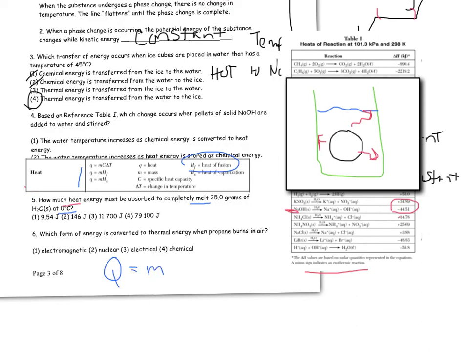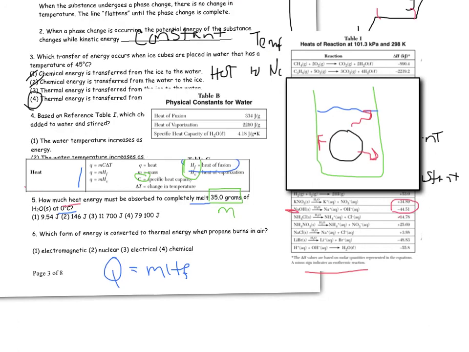Q equals m H f. So now we want to look and see, what do we know from the question? Well, in the question, I can see that I have my mass here. So this is my mass. I'm looking for heat, so I'm not sure of that. And now we have this one more variable, this H sub f. Remember, in all of these heat equations, there's always going to be one variable, and it's either the c or the H's that are actually going to be found on reference table B. Here you can see on reference table B, we're going to use the heat of fusion.